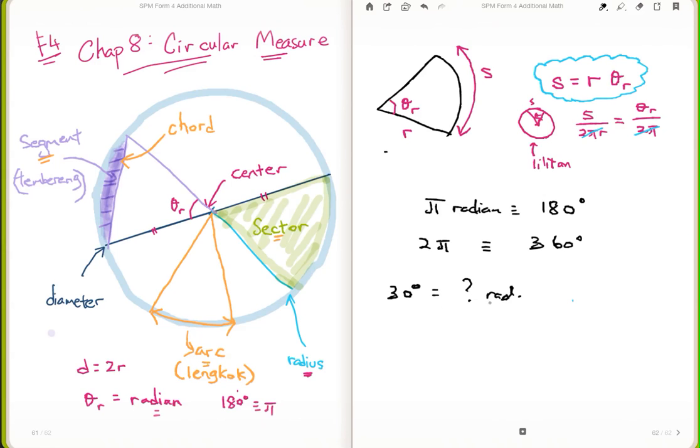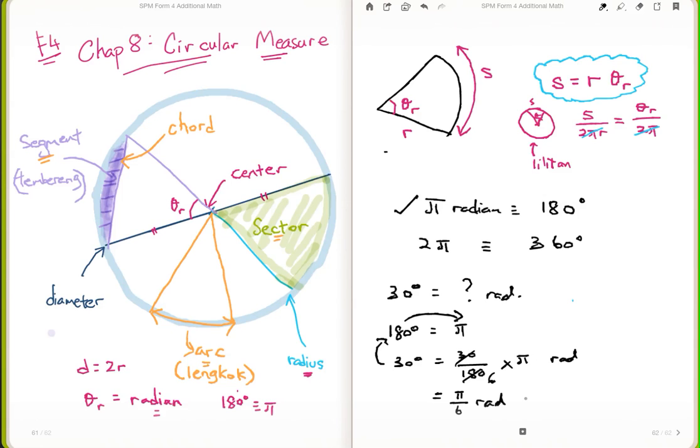To do that, you make use of the first one. You will know that 180 is equivalent to pi radian. Therefore, 30 degrees will be equal to 30, copy over, divided by 180 times across pi radian. Therefore, you would get pi by 6 radian.